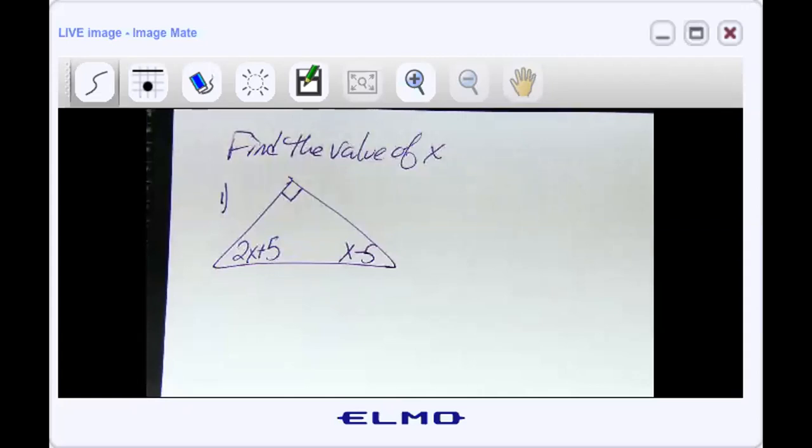I'm going to let you give this one a shot. So do what you think you should do. You've got to solve for X here. Got to be something. Oh, I heard 30.